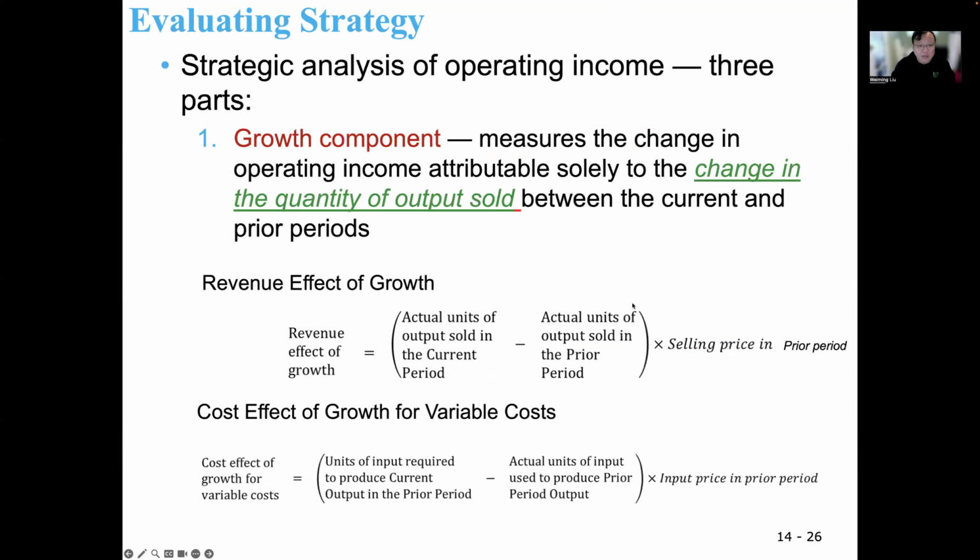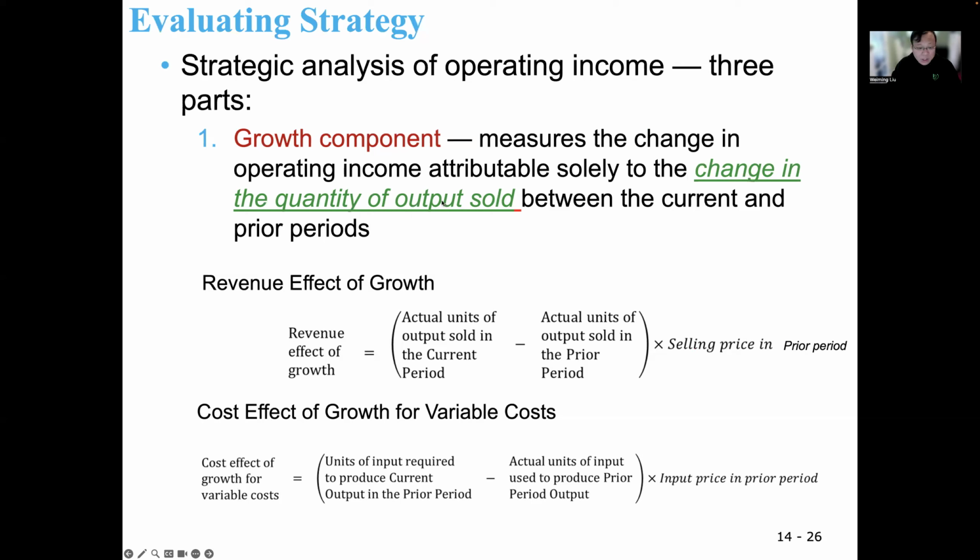So let's first take a look at the growth component. The growth component measures the change in operating income attributable solely to the changes in the quantity of output sold between the current and the prior year periods. So this component captures the changes in income solely due to the change in quantity of output sold.